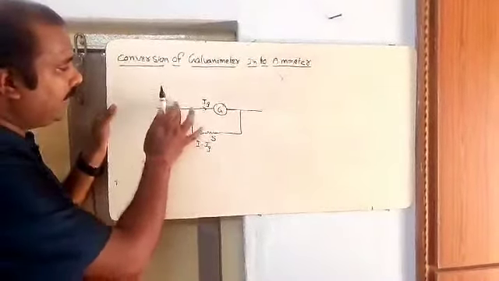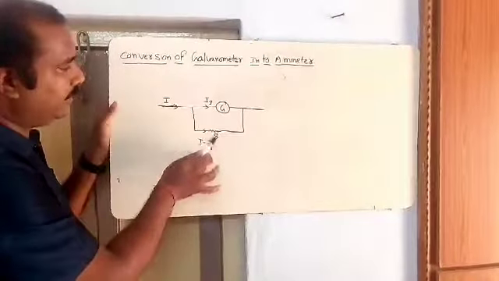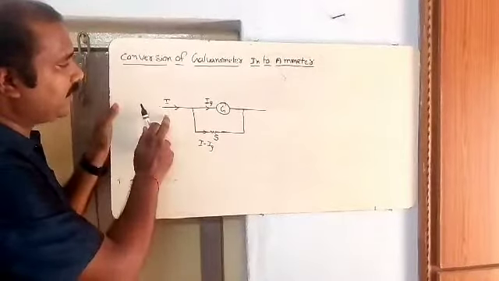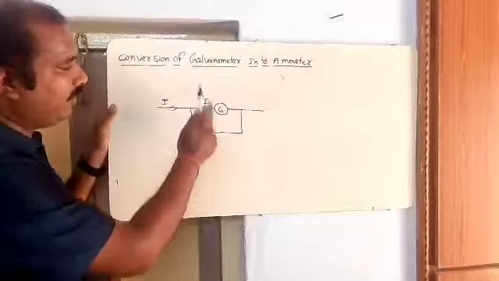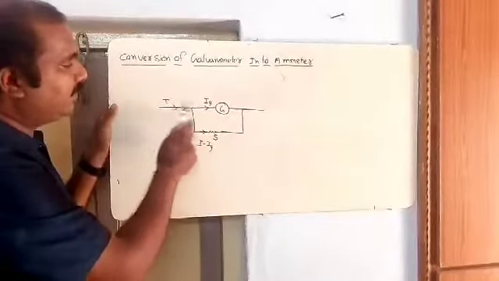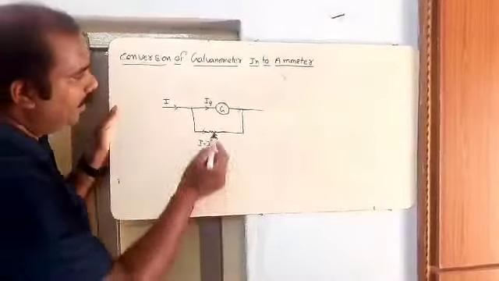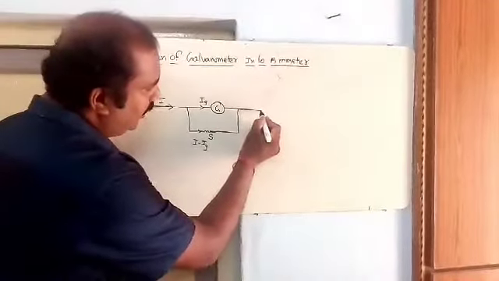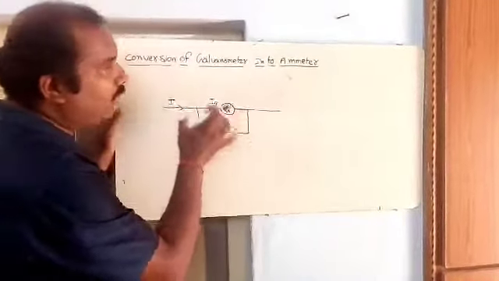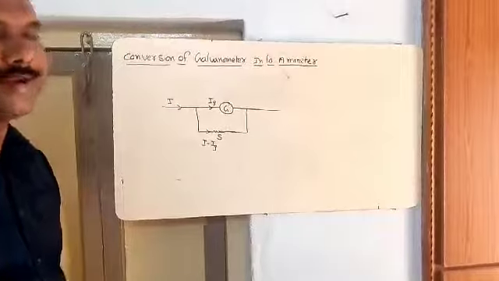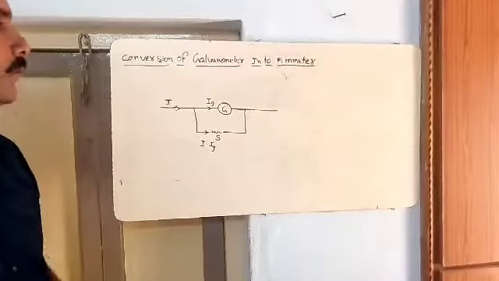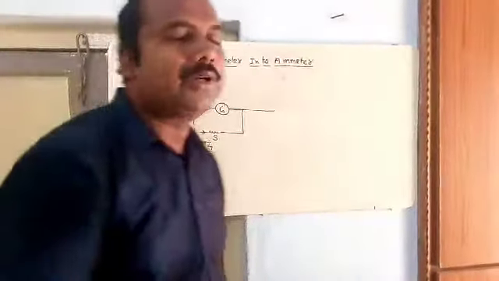The sum of the entering currents and the sum of the leaving currents are the same. So Ig plus I minus Ig, if you add, this Ig cancels, so finally we get I only. And this circuit you have to connect in series to the external circuit.